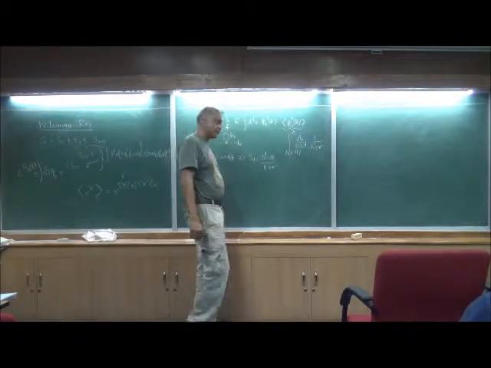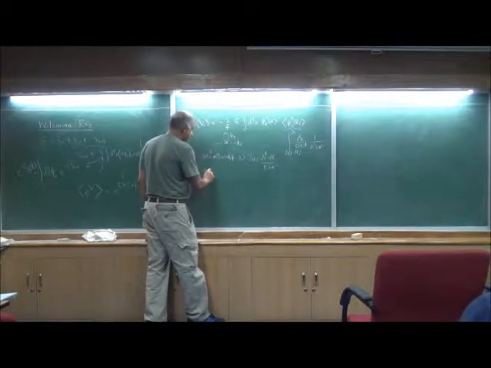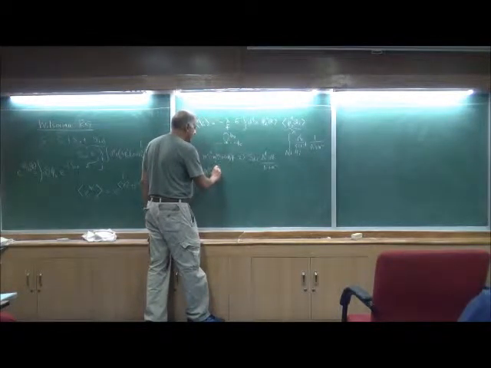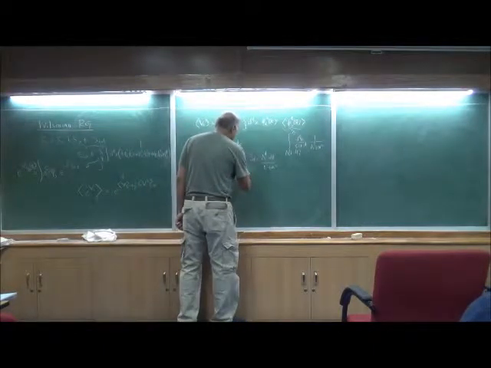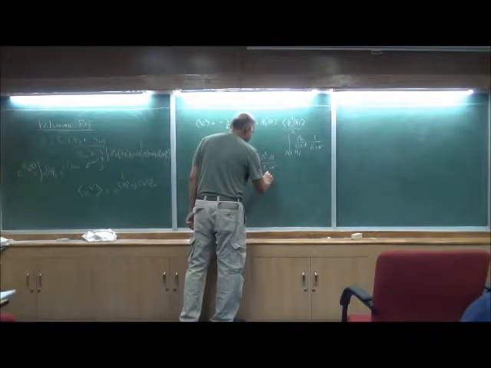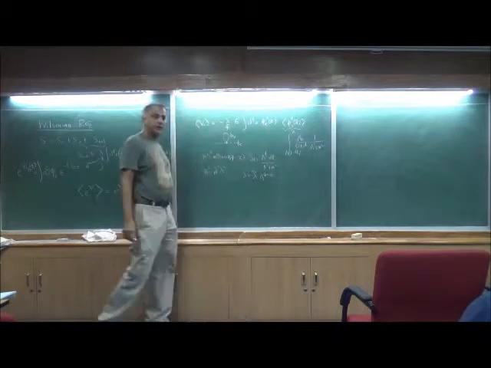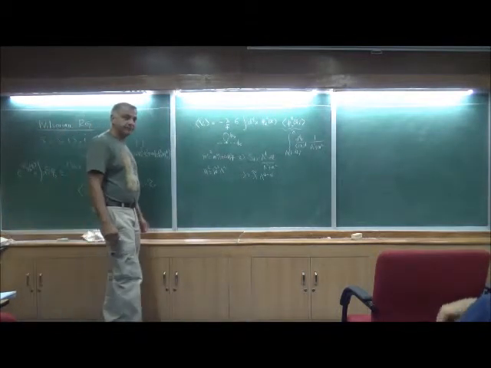Okay, good. So now I said what we'll do is define some dimensionless objects. There's m tilde, and then I'll define a lambda tilde, which is lambda times Lambda to the power d minus 4. This takes care of the naive dimension of the coupling.